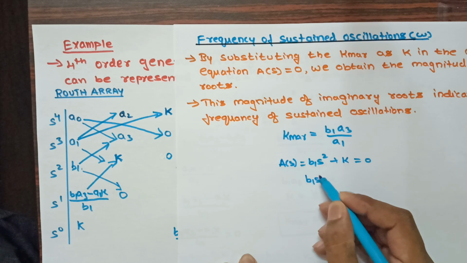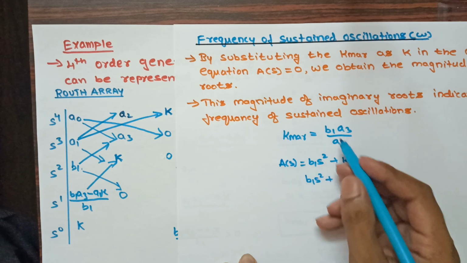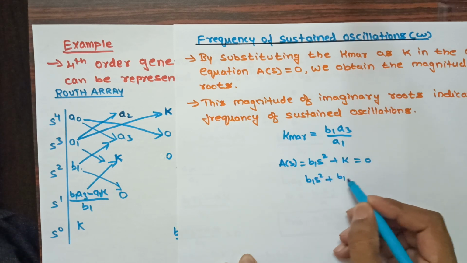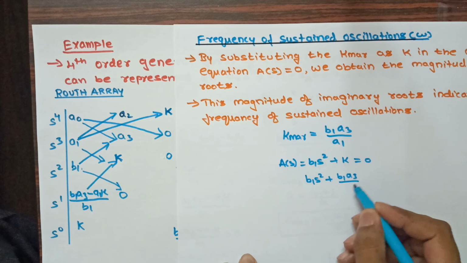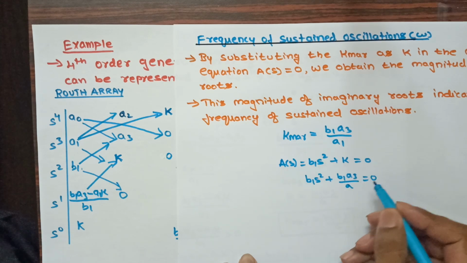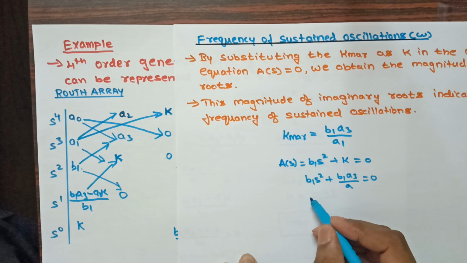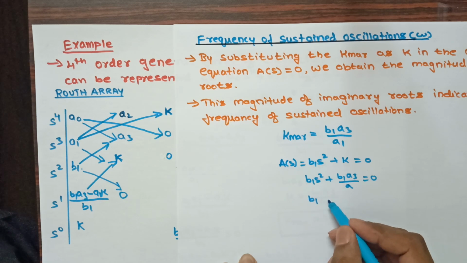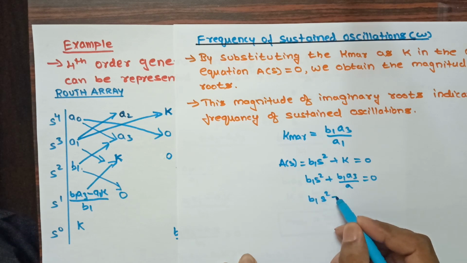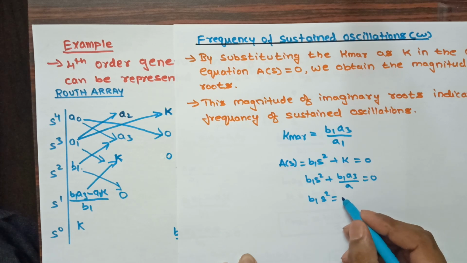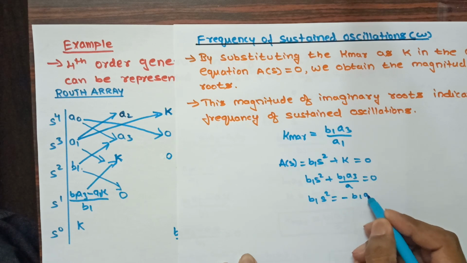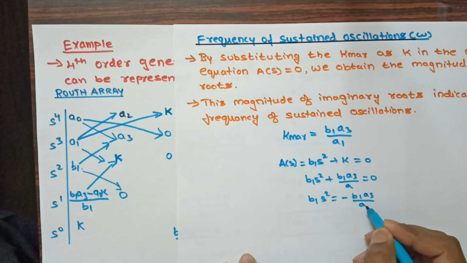Now we are going to substitute here the k margin value, that is b1 into a3 divided by a1. Now from this we are going to get b1 into s to the power 2 is equivalent to, taking this term to the left hand side, minus b1 into a3 divided by a1.